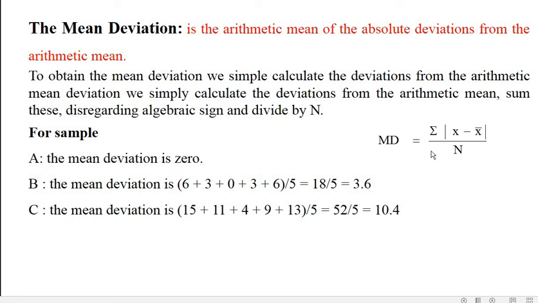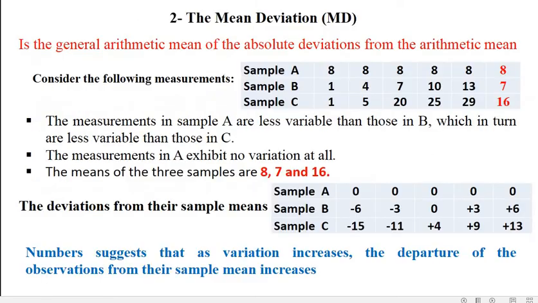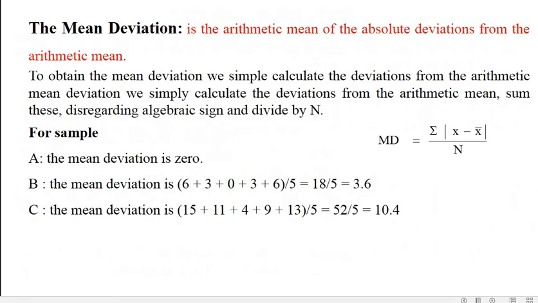We have to go back to this slide. That's the deviation. If we ignore the algebraic signs and take the summation over the number of observations, we will get the mean deviation.